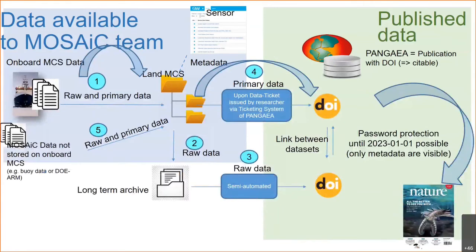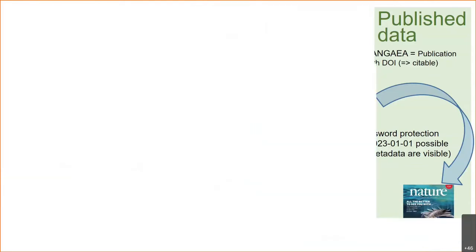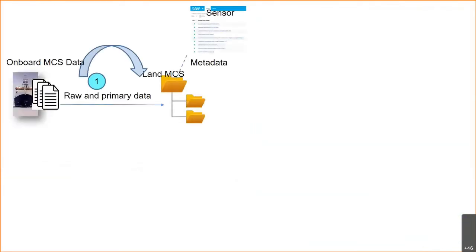I would like to one more time reiterate the whole process of the data publication within the MOSAIC project. To sum up, the raw and primary data from the board MCS are stored on the MCS on land.